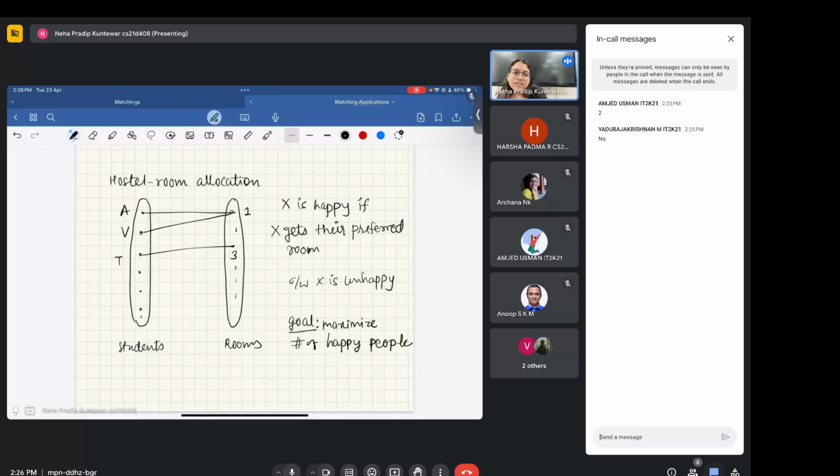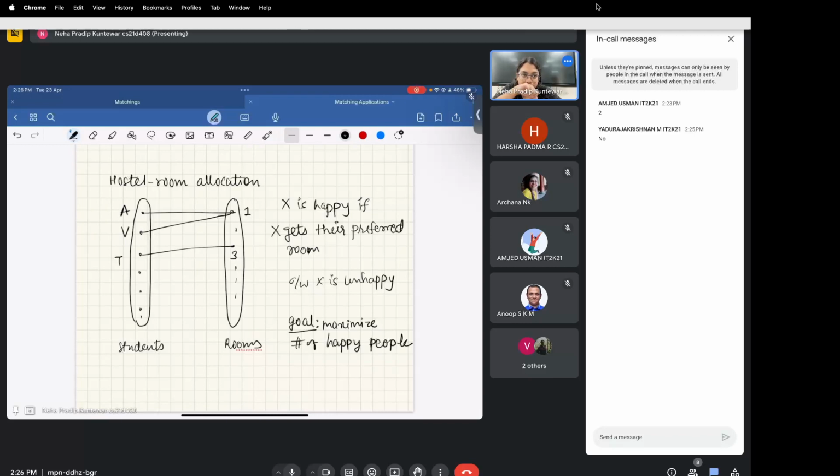Yeah, so any ideas how do we do that? Okay, so let's say that Amjad gets room 1.